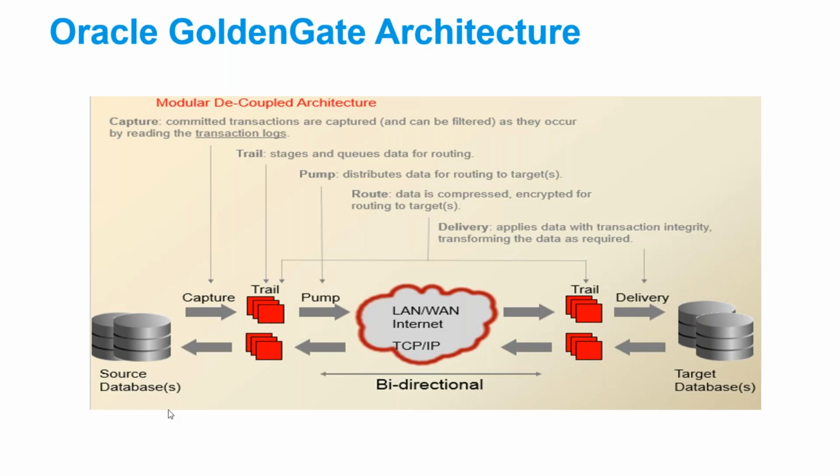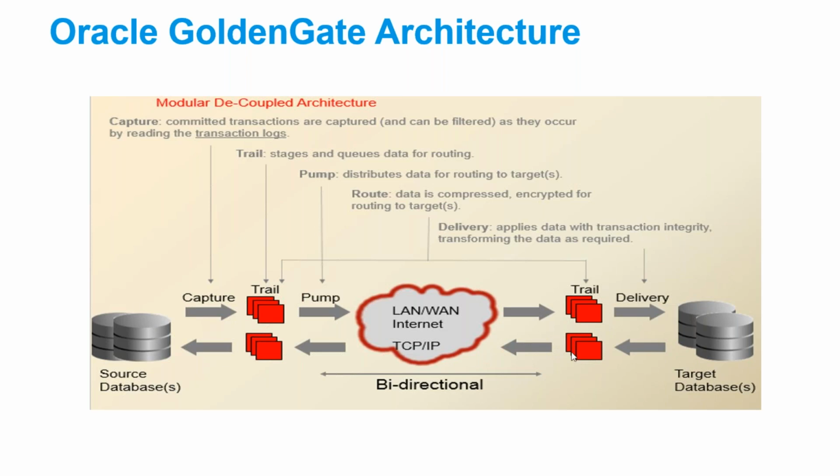GoldenGate also works in a bidirectional environment. Bidirectional is nothing but two-way unidirectional. In bidirectional, both sides work as source and target. So for bidirectional, you have the extract process reading the data from side B and writing it to the local trail on side B. The pump process on side B reads the data from the local trail on side B, sends it over the TCP/IP network and writes it to the remote trail on side A. Once the data is available in the remote trail on side A, the replicat process on side A will apply the data to the target database.